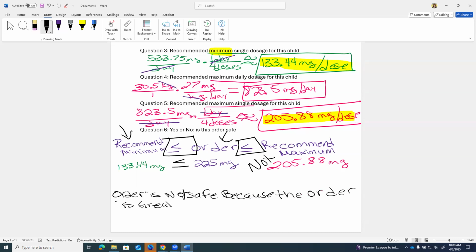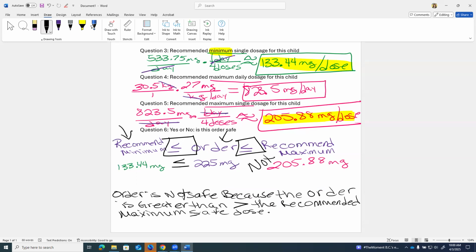If you wanted to, you could use this sign. This tells me that the patient could be overdosed, because you're giving them way more than is recommended.